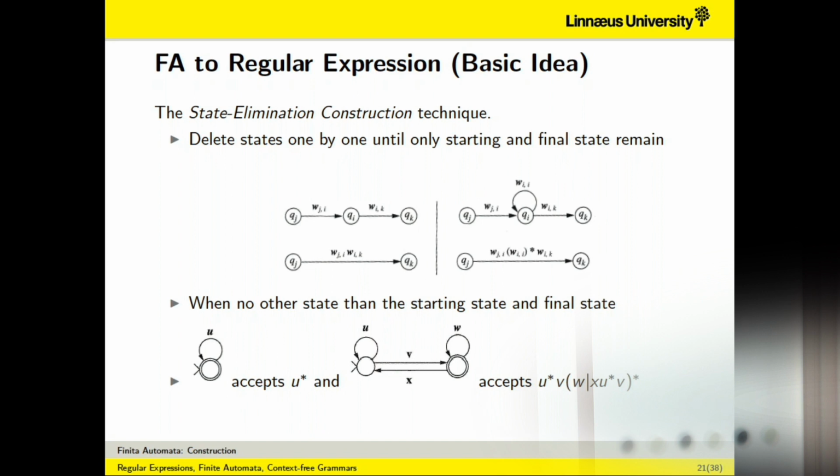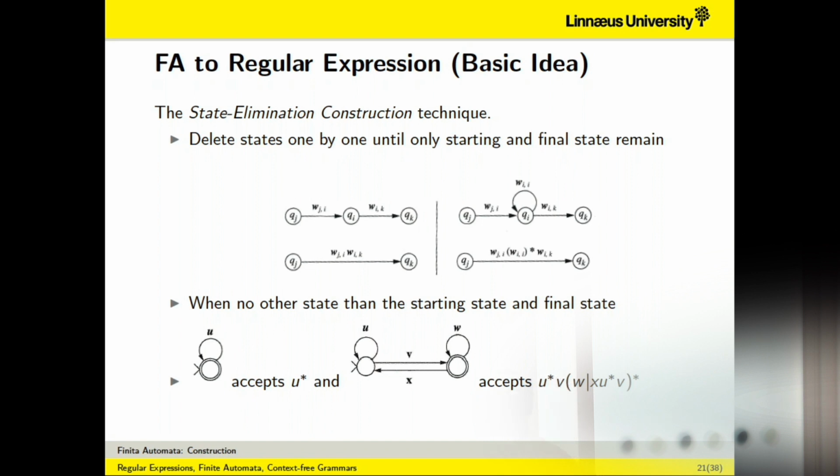What state elimination means is that if you have an automaton where we know we have one initial state and we can have more than one final state, and then we might have some middle states, what you need to do is remove the middle states and keep only the initial and the final states, and you can get something like a regular expression.